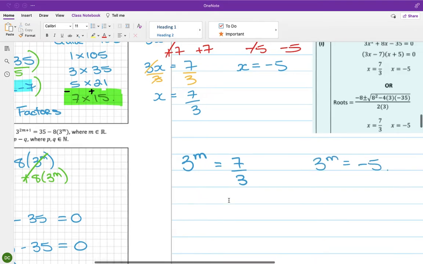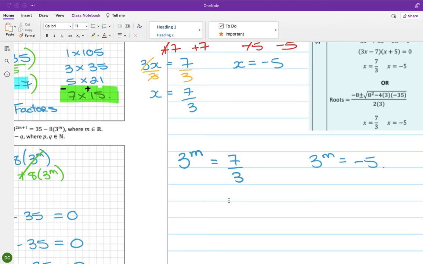So the variables are in the powers, which means I can't solve using indices, so I need to switch to logs. So it's log to the base 3 of 7 over 3 equals m. And then here it's log to the base 3 of minus 5 equals m.